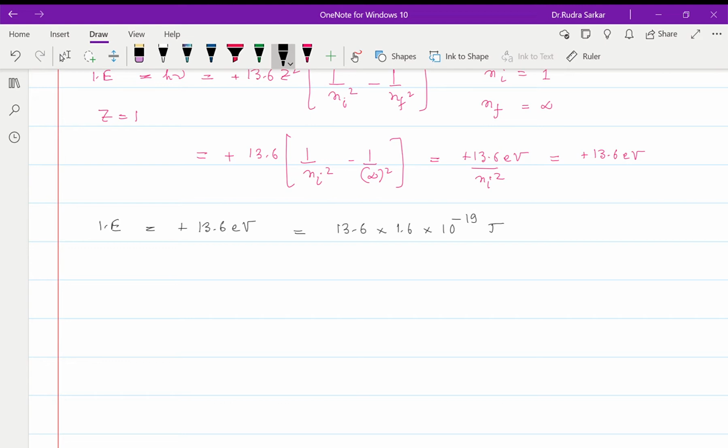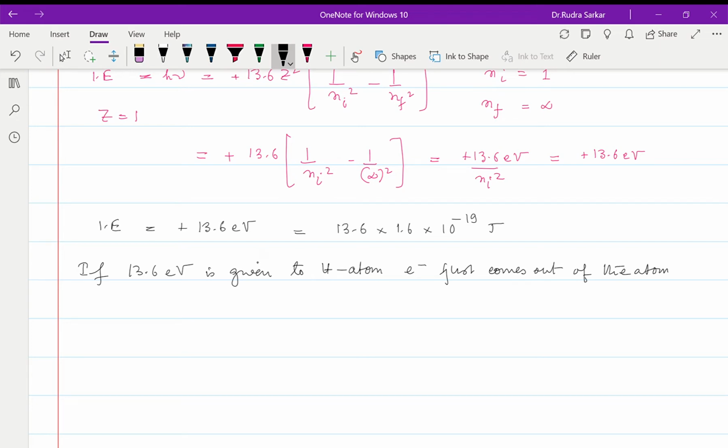Now, what it means if 13.6 eV is given to a hydrogen atom, the electron just comes out of the atom.